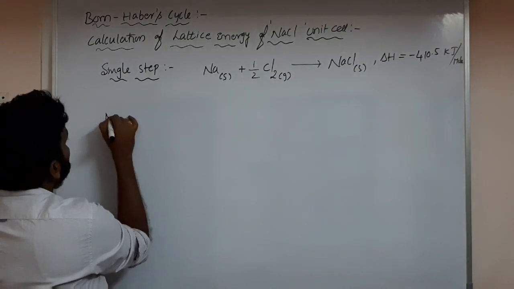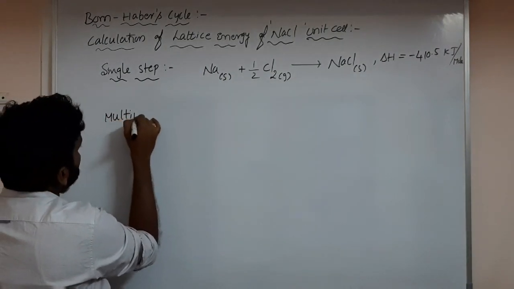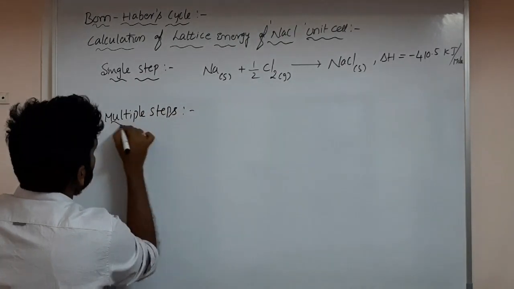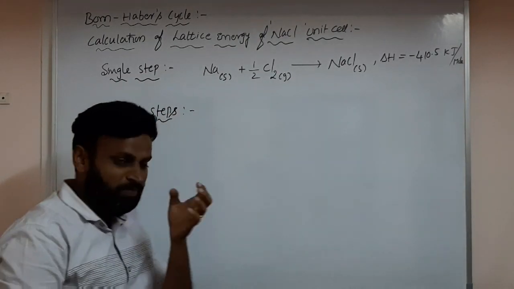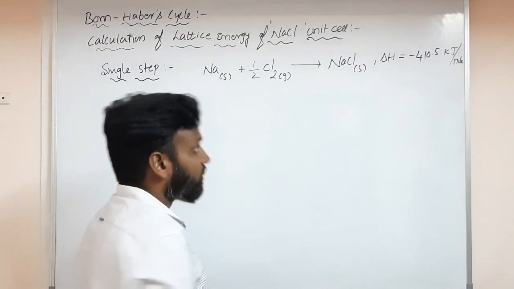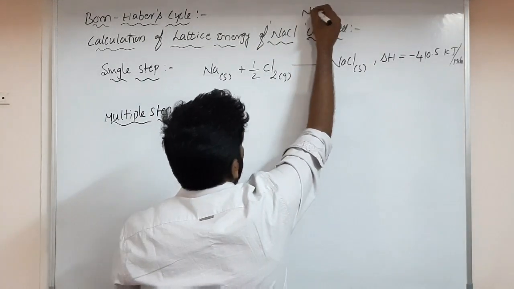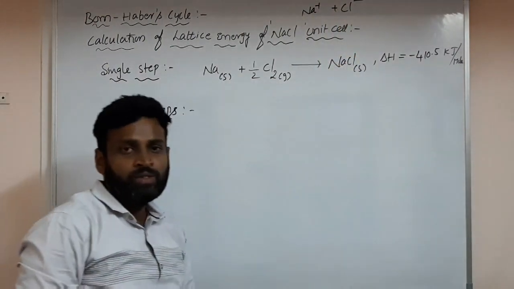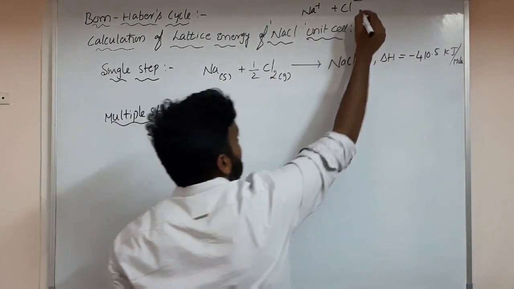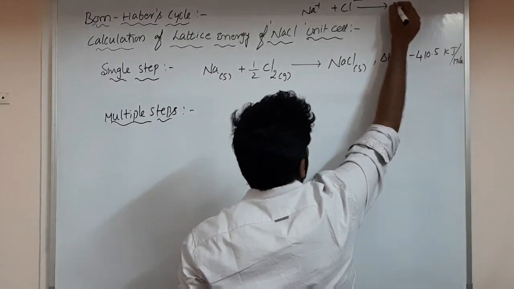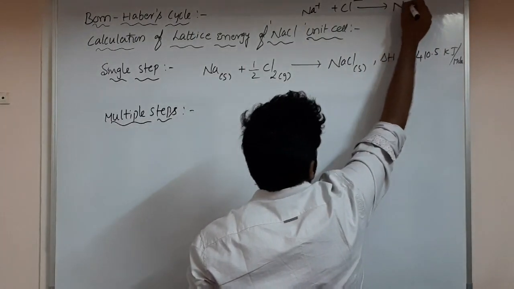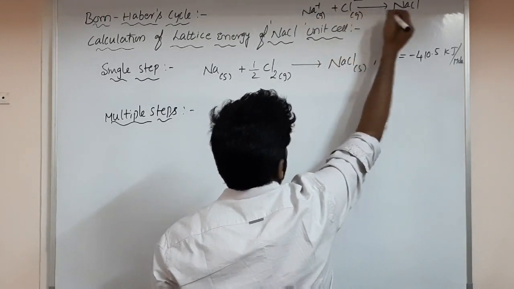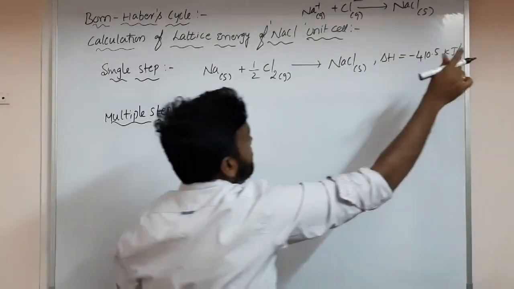But what are the multiple steps required? Multiple steps means what? Na+ must combine with Cl-, correct? Na+ must combine with Cl- and form NaCl. I told you this: Na+ in gaseous state, Cl- in gaseous state, and NaCl will form.